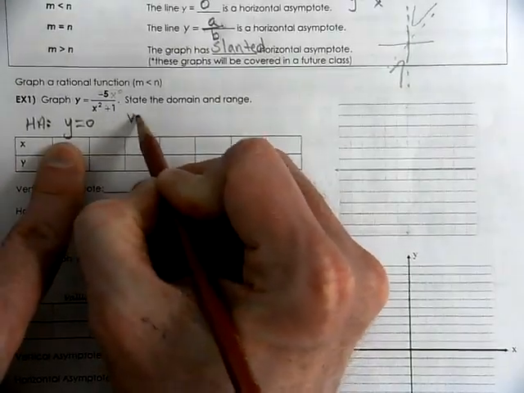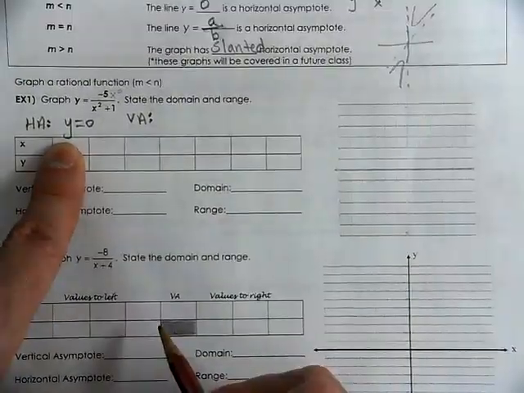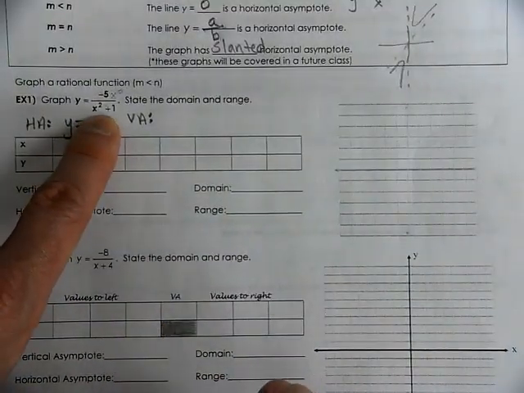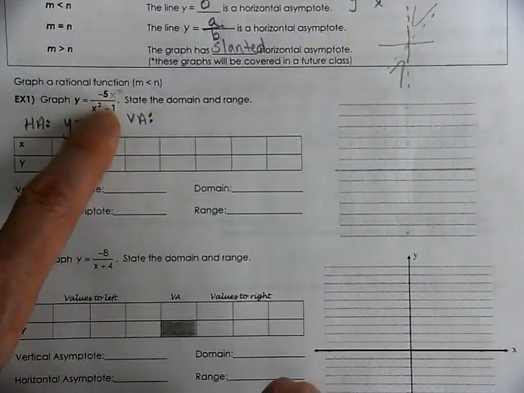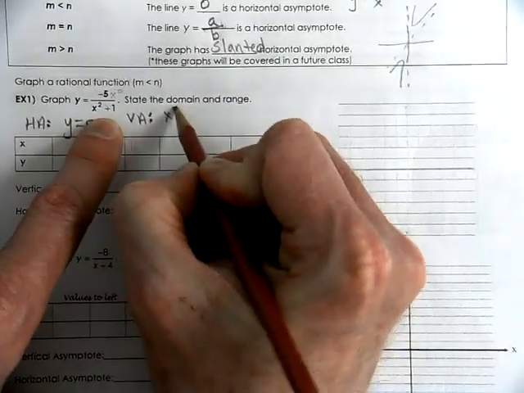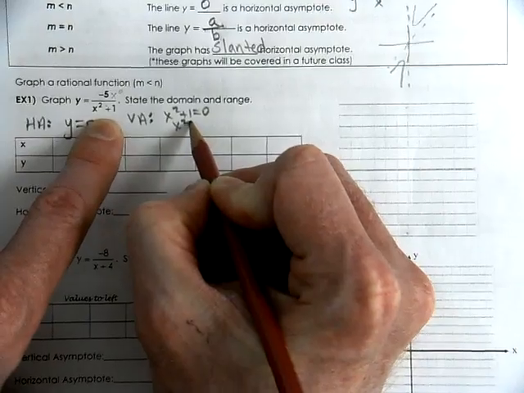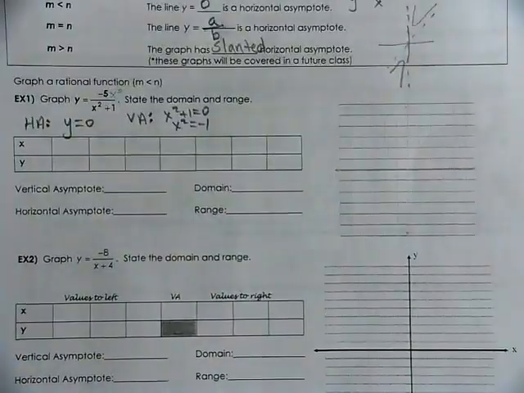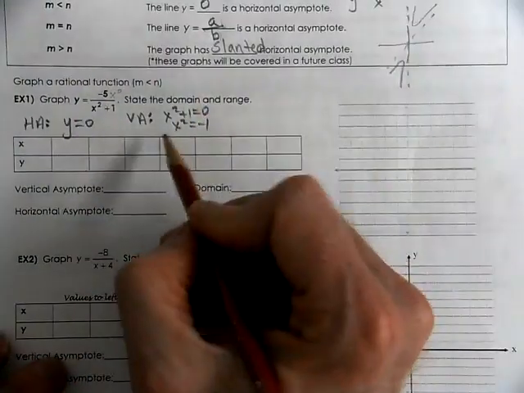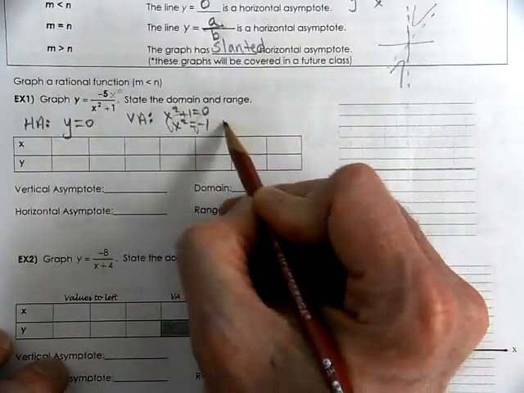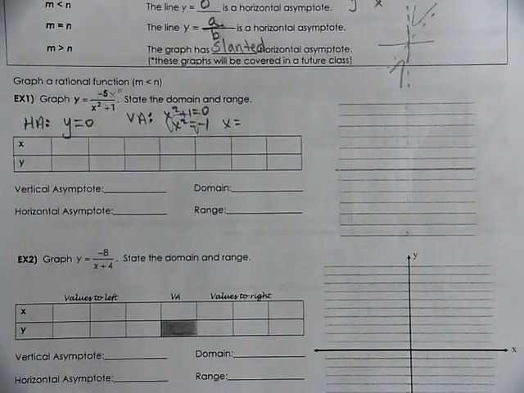And then we have our vertical asymptote, where whatever makes the denominator 0. So x squared plus 1 equals 0. When you subtract the 1 across, you get negative 1. When you take the square root of negative 1, what happens?